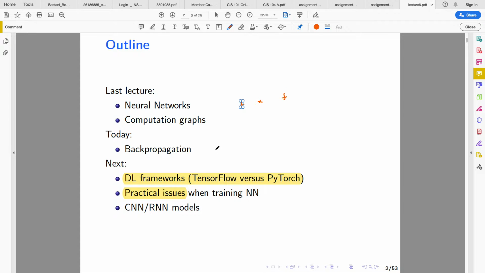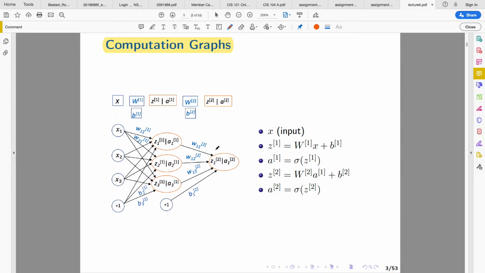Okay, so backpropagation. And remember, this is a typical example we're trying to use. This is our x, that our x consists of 3 variables, and we decided to use three neurons as our hidden layer, and we have just one neuron in our output layer.